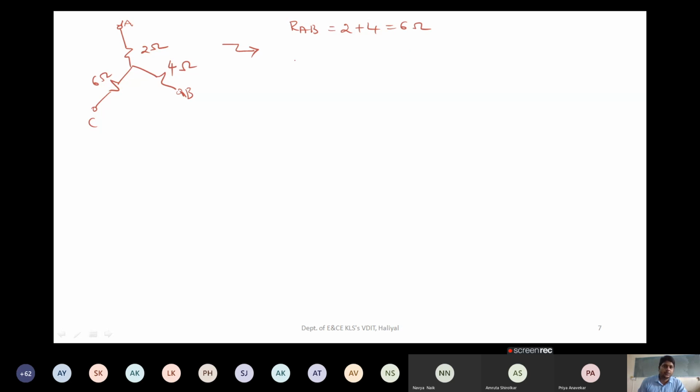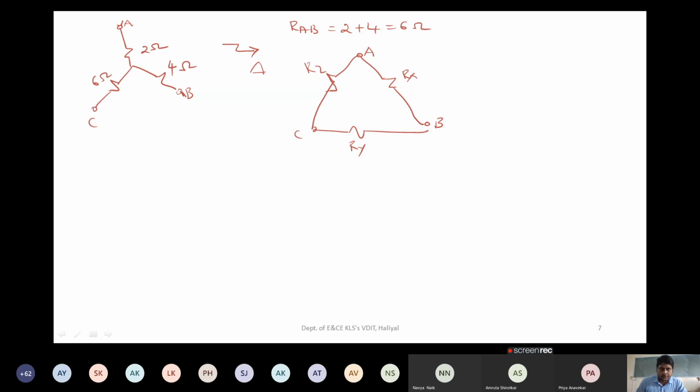But if they ask you to get the delta equivalent of this, then you have to get a superimposed figure here. I can assume this as Rx, Ry and Rz.